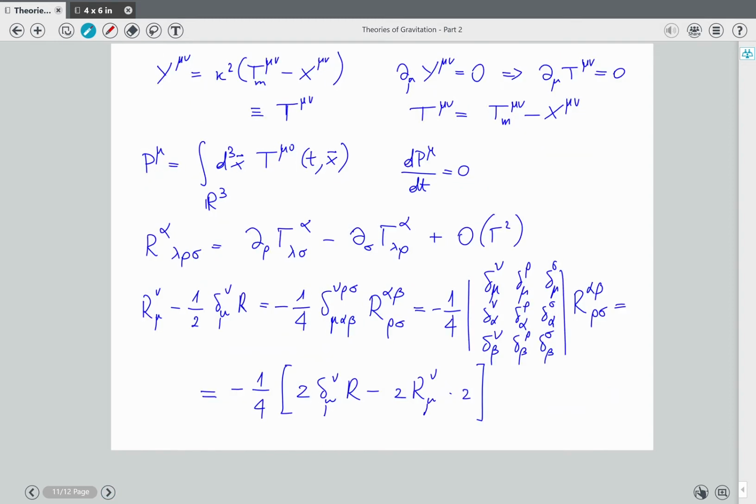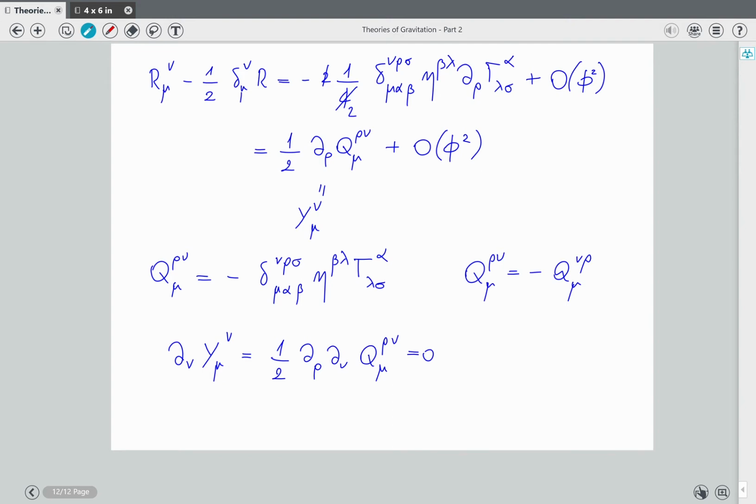So the Riemann tensor in the expansion around flat space is given by these two contributions, which also have to be expanded around flat space, but we can neglect that. And so we have written the Einstein tensor this way.